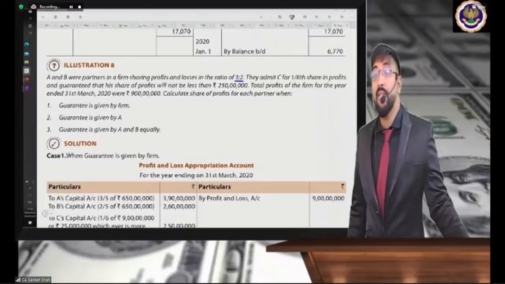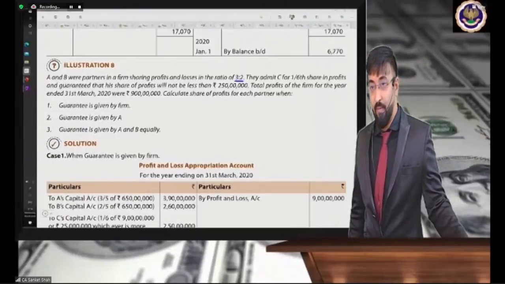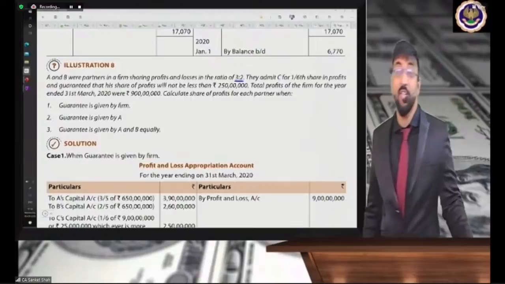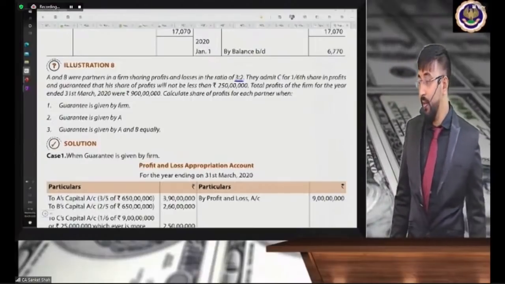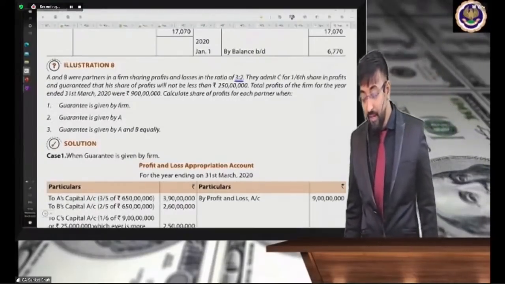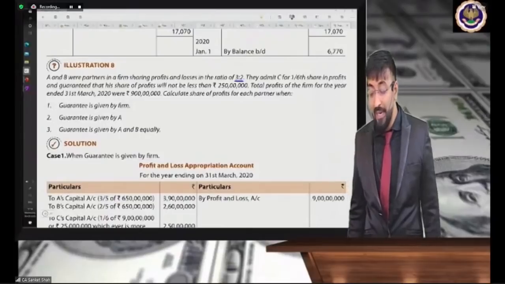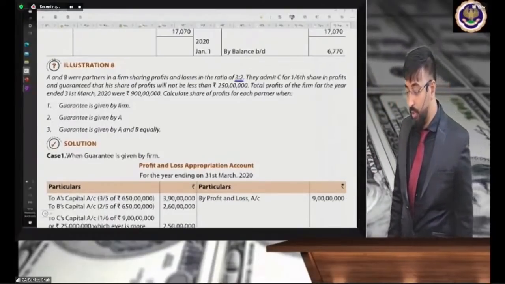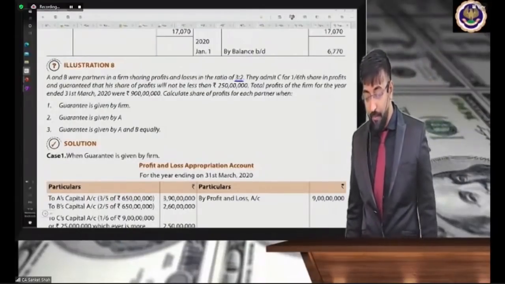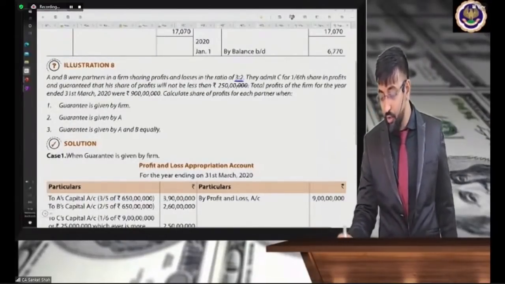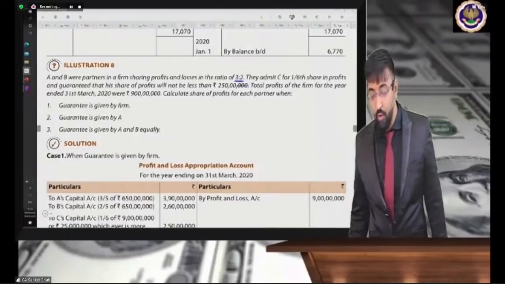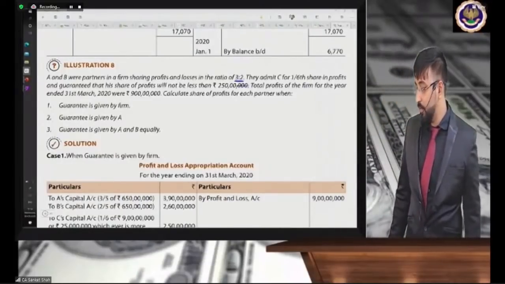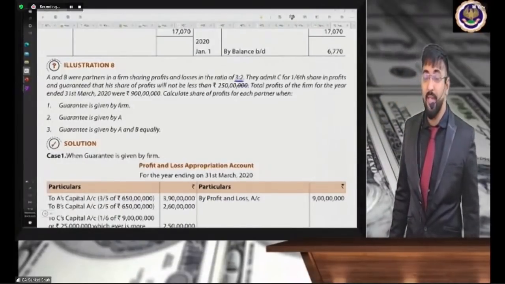They admit C for 1/6 share in profit and guaranteed that each share of profit will not be less than 2 crore 50 lakhs. It's a very big amount. 2 crore 50 lakhs. So do one thing, drop the last 3 zeros. Rupees in 1000 we will do. So that will be easy for you. Drop the last 3 zeros.